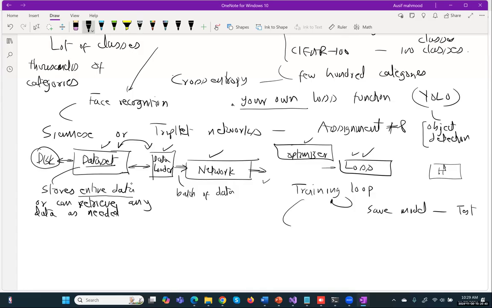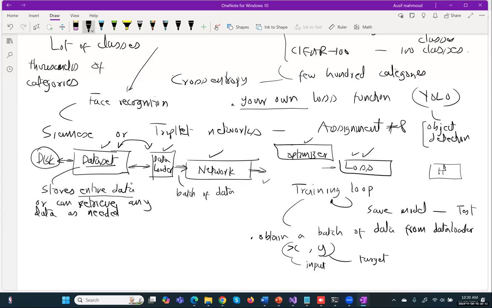In your training loop, you will obtain a batch of data from the data loader. Okay. As you obtain a batch of data, you will get X and Y, typically. Okay. X is your input and Y is your target, right?